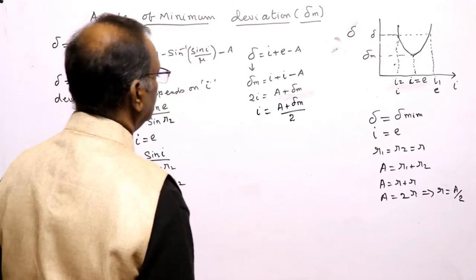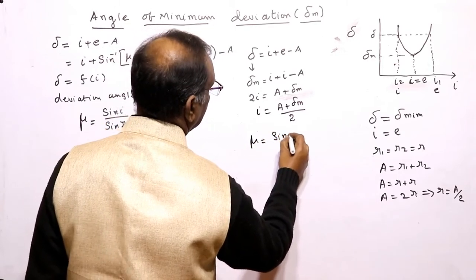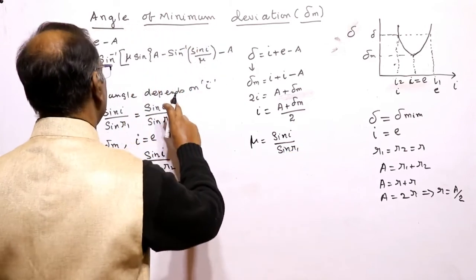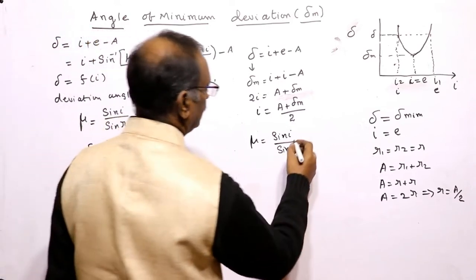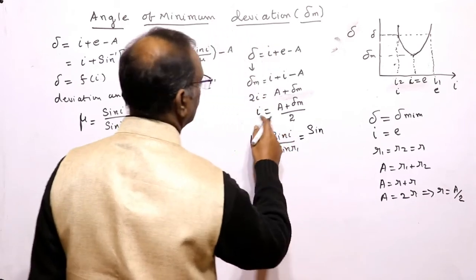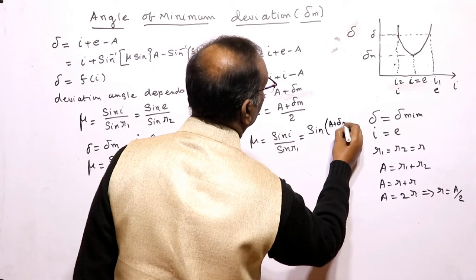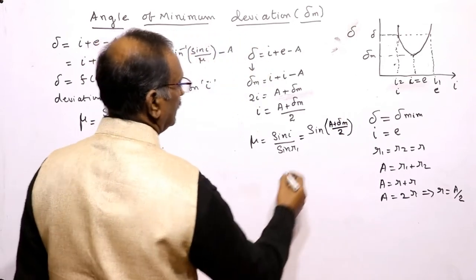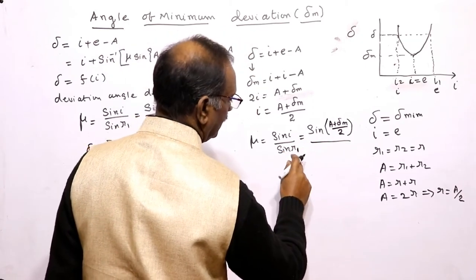So we can write mu is equal to sine I by sine R1, or also sine of the angle of emergence by sine R2. Sine of I is sine of A plus the minimum angle of deviation, divided by 2, divided by sine of R1.